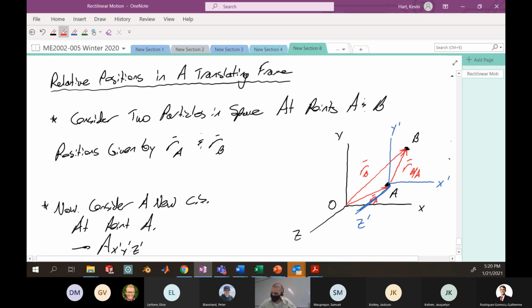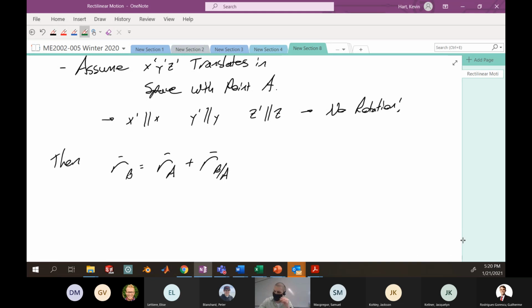It's pretty easy to see with vector math that RA plus RBA is going to give you the position vector of B.